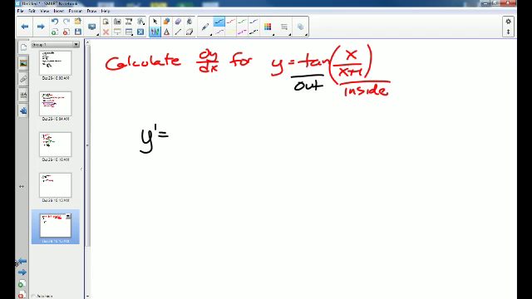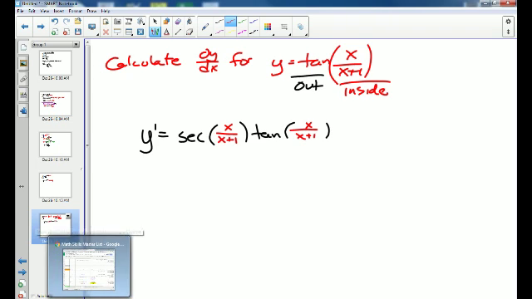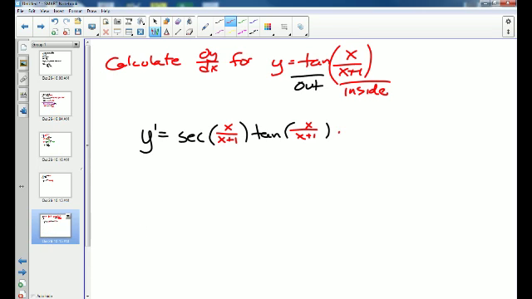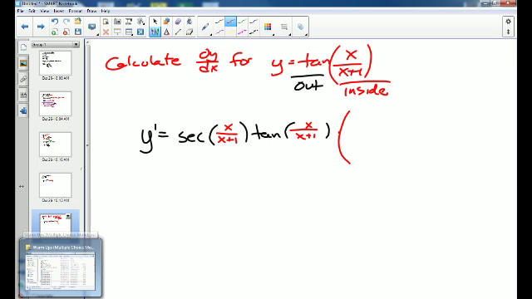Okay, again, follow your pattern. What's first? Derivative of tangent, which is? And copy the inside. So derivative of the outside, copy the inside, times the derivative of the inside. We just leave this as it is.